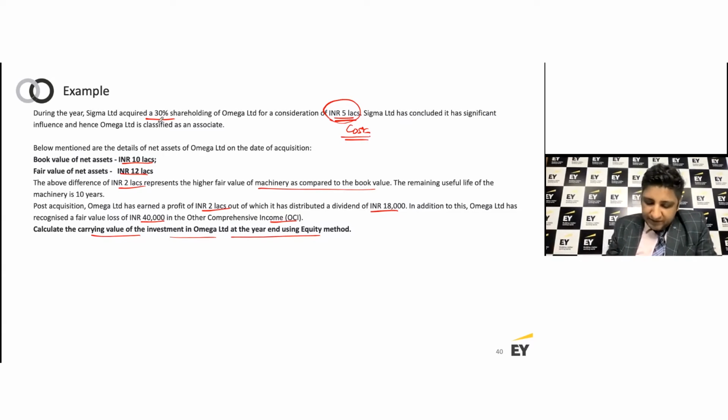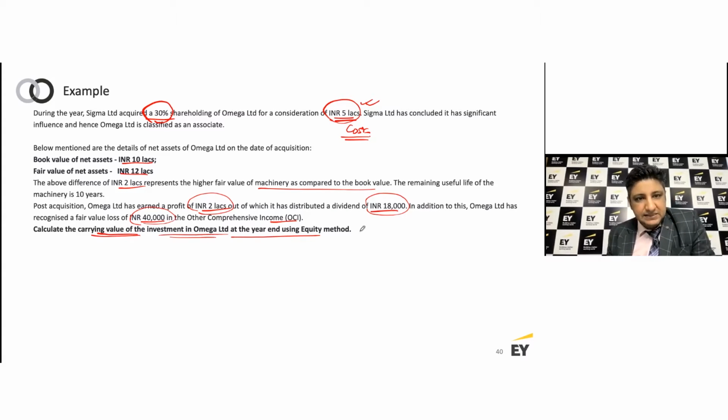With a 30% share, we can simply argue: take your cost of the investment, add the share of profits, reduce any dividend, and reduce the share of those losses arising through the other comprehensive income.